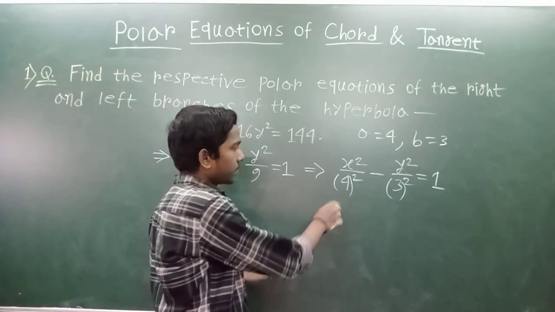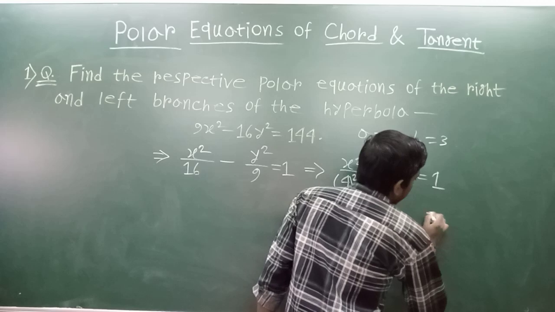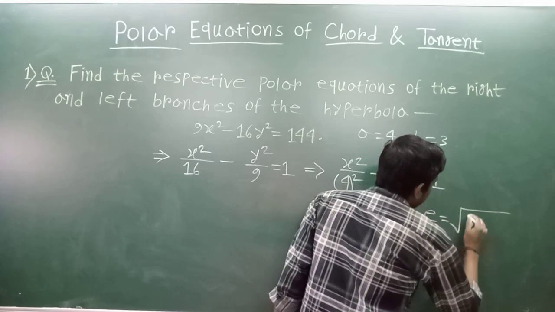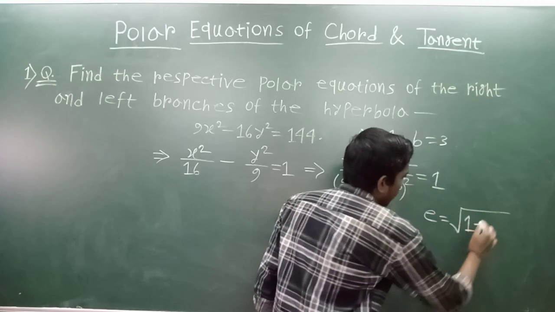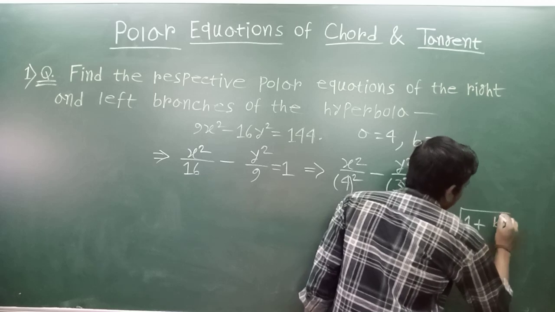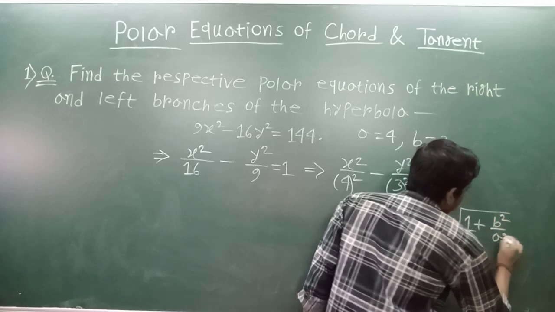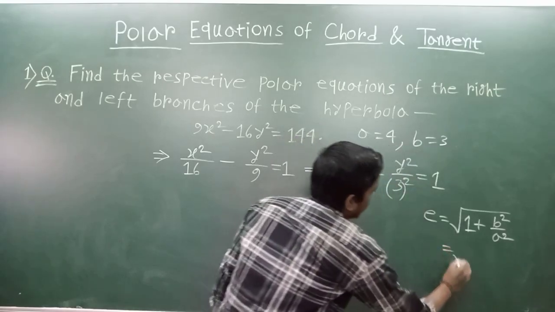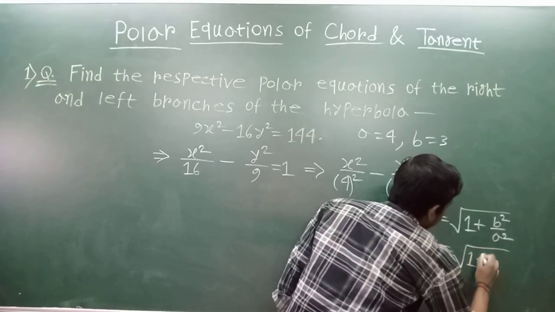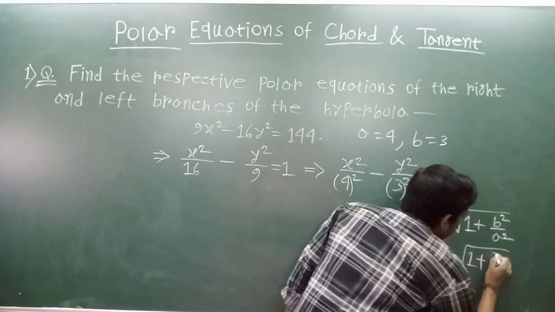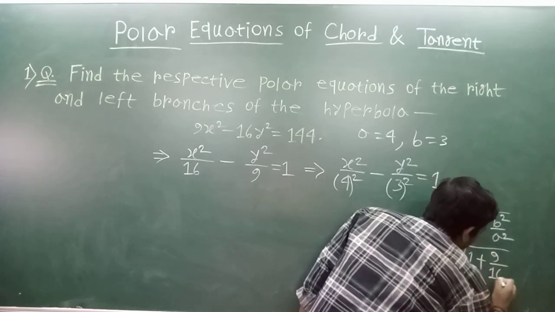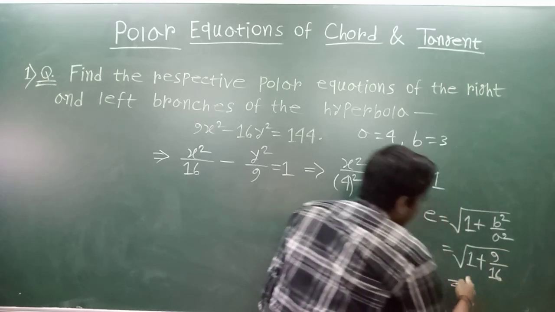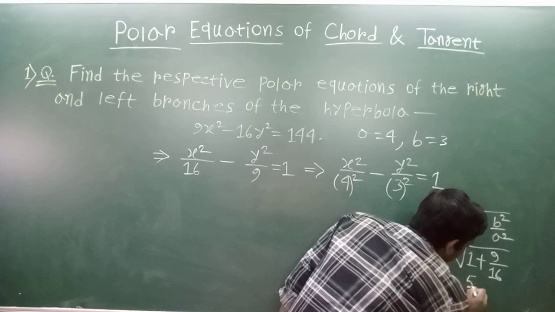Okay. So we can write its eccentricity is equal to root over 1 plus b square by a square. This is the formula for eccentricity. From here we get root over 1 plus 9 by 16, that is 25 by 16, so 5 by 4.